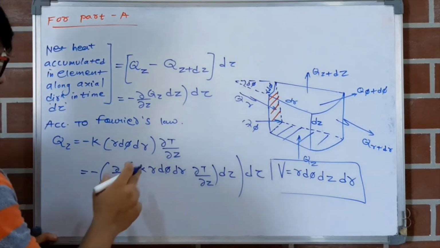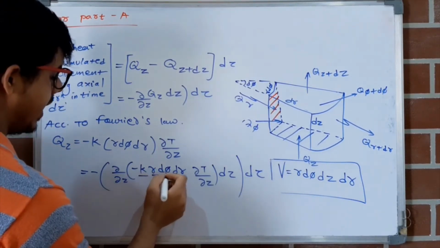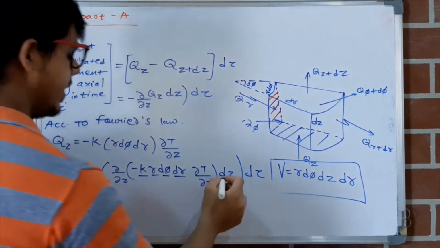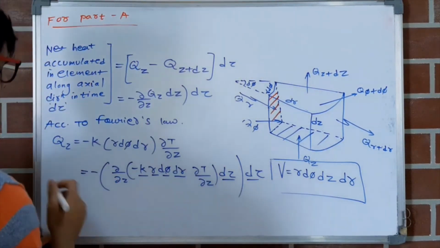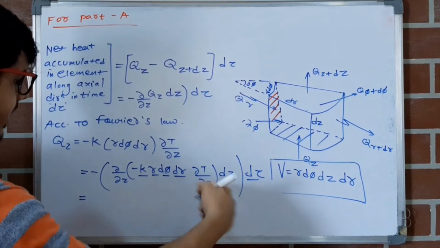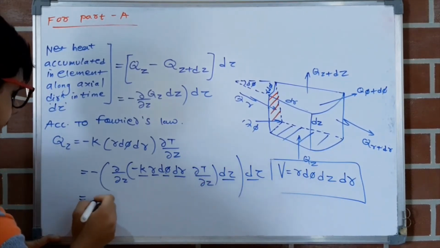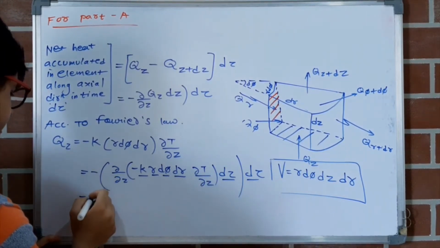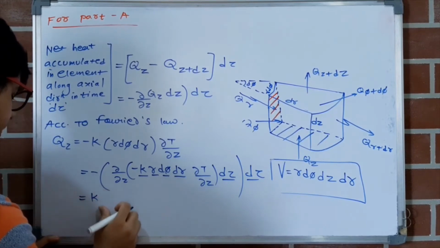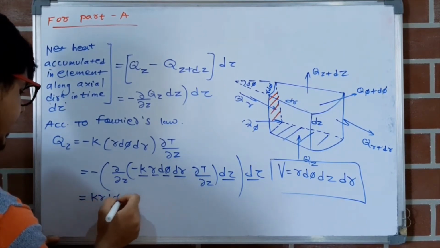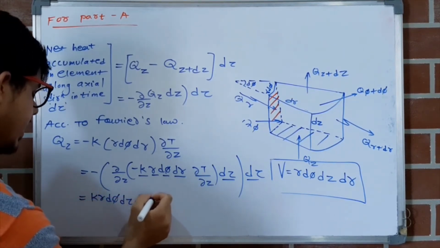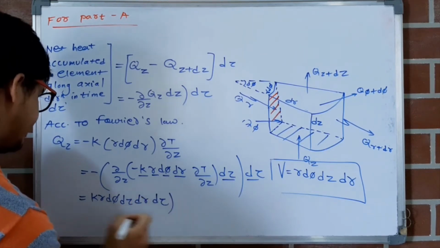Here, k, r d phi, dr, dz and d tau can be taken outside. So minus minus becomes plus, and this is k r d phi dz dr and d tau.